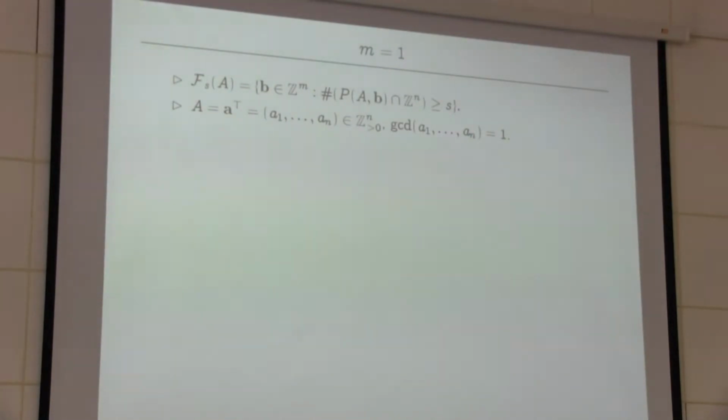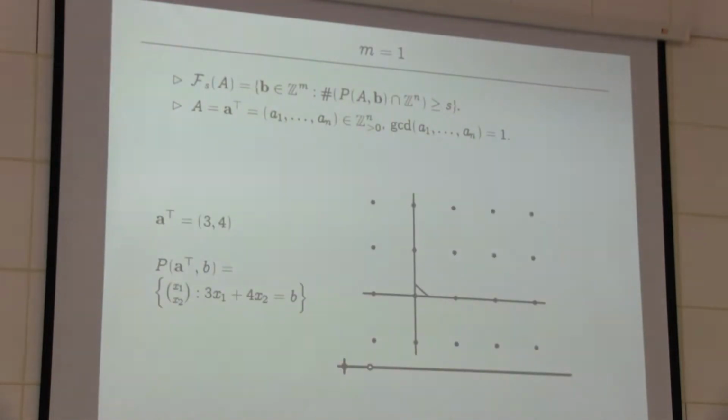The second regularity assumption implies that the greatest common divisor of the entries of the matrix A is equal to 1. So let's again consider an example. We'll take in this example s equal to 1. And in the expression of the polytope, I forgot to mention that the points should be non-negative. Okay.